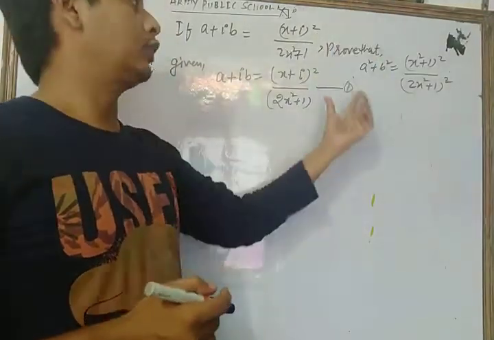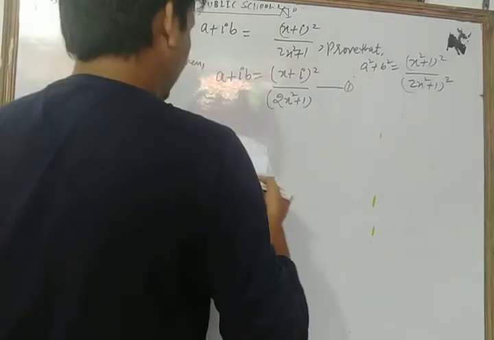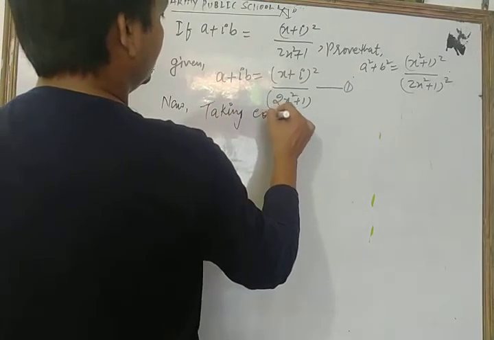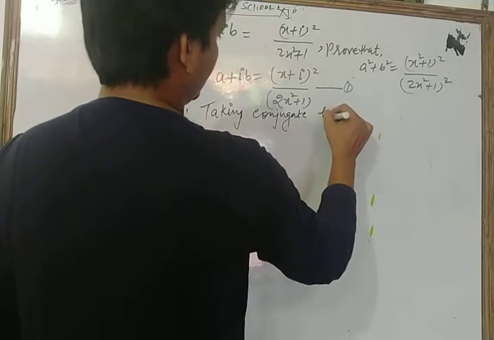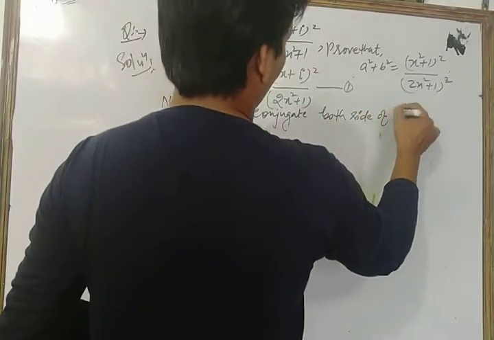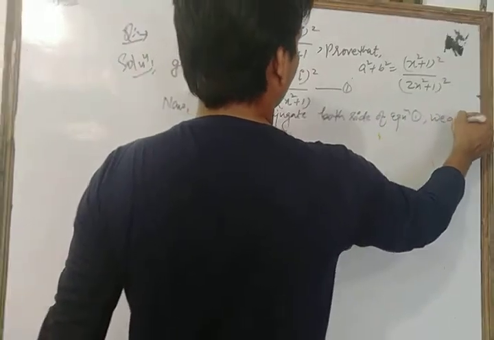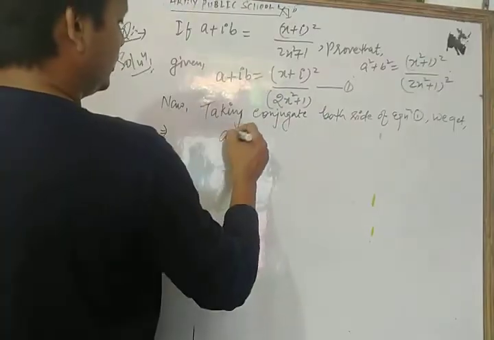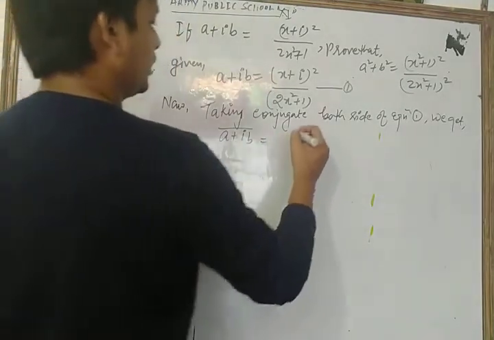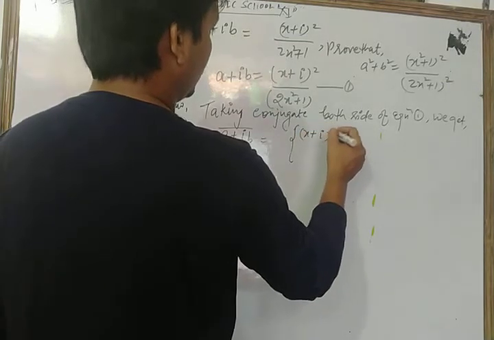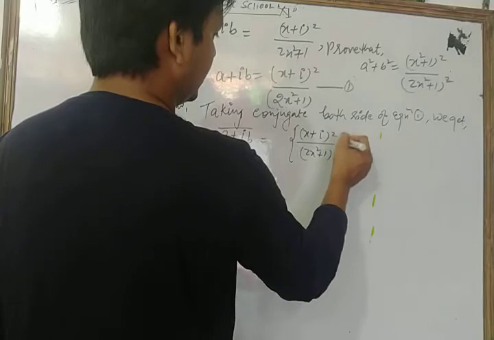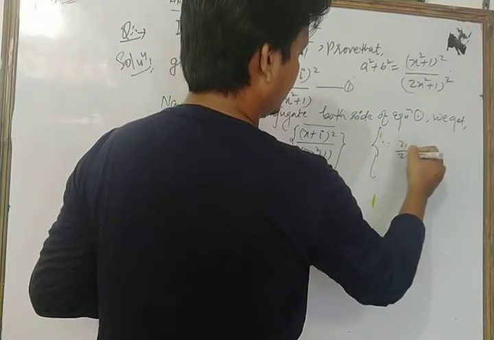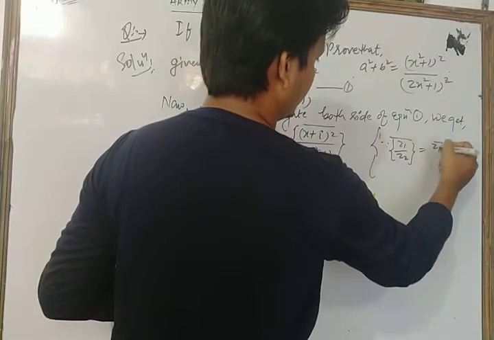Taking conjugate both sides of equation 1 we get the conjugate of (a + ib) is equal to the conjugate of (x + i)² upon 2x² + 1. And we know that the conjugate of z1 upon z2 is equal to conjugate of z1 upon conjugate of z2.